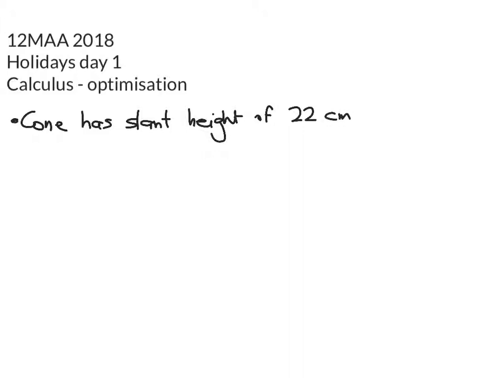We're building a cone and we have to choose the dimensions of the cone. Okay, so we're told that the cone has a slant height of 22 centimetres. So while I'm doing this, draw yourself a nice cone in your maths book, and we're asked to figure out the vertical height that's going to maximise the volume of the cone.